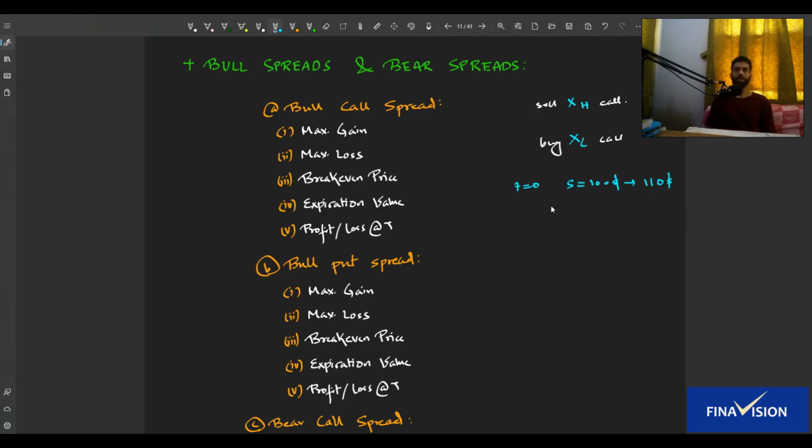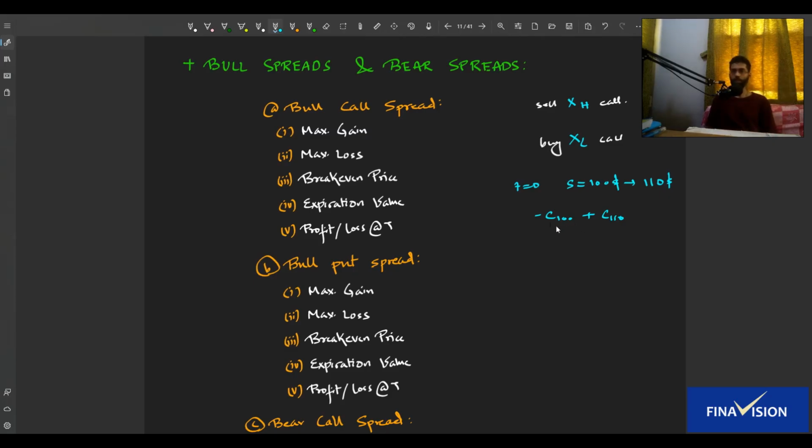Now what you do is you buy the lower strike price call. So you buy the call at 100 and you sell the higher strike price call, which is based on your speculative understanding of the direction. So you sell a call at 110, right? Now C100 and C110 are basically the premiums of the respective strike prices.